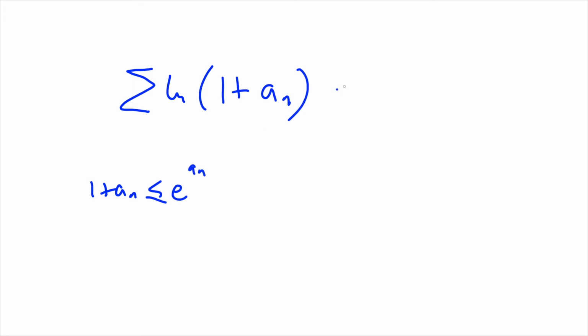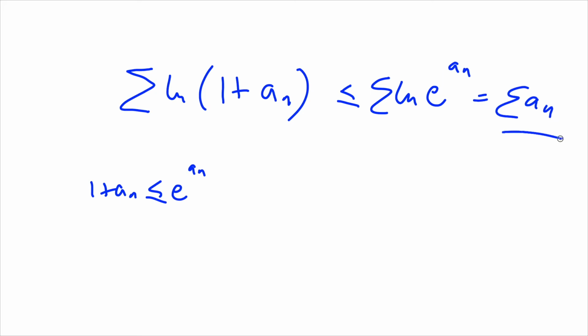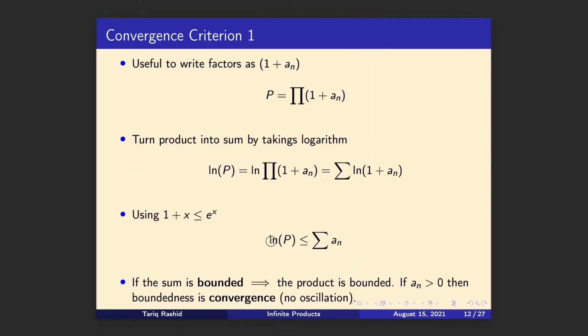So that means the sum is less than the sum of the log of e to the an, and log of e to the something is just the sum of an. That's where that's come from. So that's a nice useful inequality straight away without too much work.